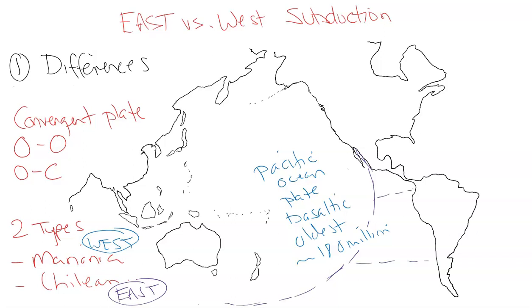Then you have the Nazca plate right here, and the Chilean ridge. But you have this spreading center over here on the eastern side of the Pacific, and obviously this plate moves a great distance over a long period of time and is going to eventually subduct around this area.